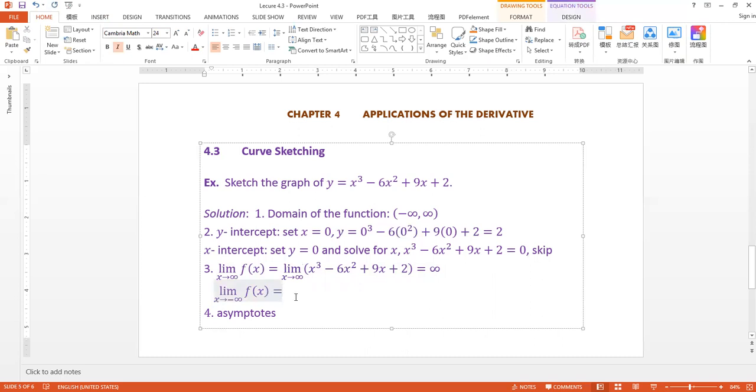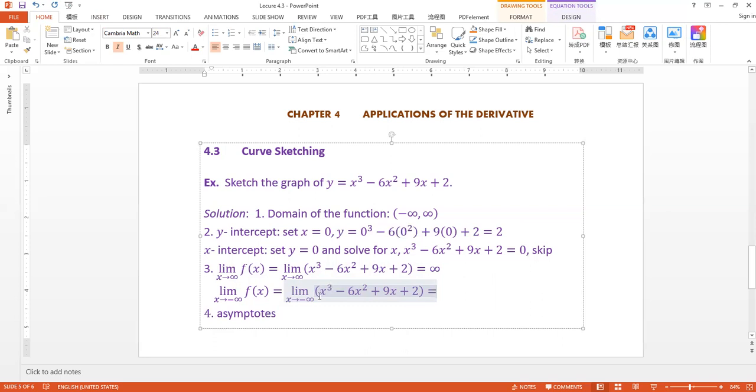Similarly, we can find the limit of the function as x approaches negative infinity. We use the same argument. The first three terms get large in magnitude, and they have some difference in the signs, but the fourth term is just a constant. We don't worry about it.